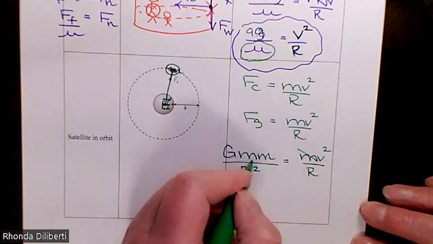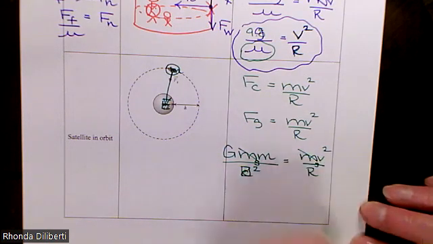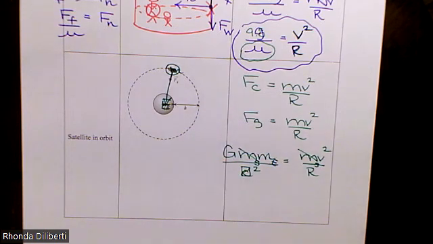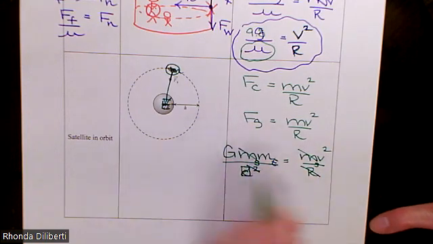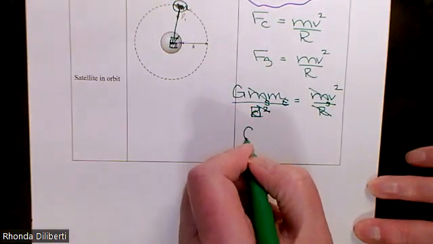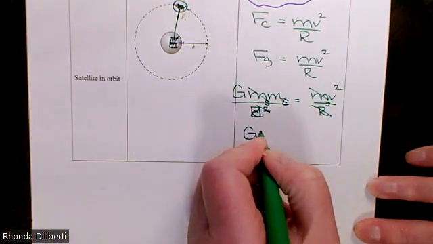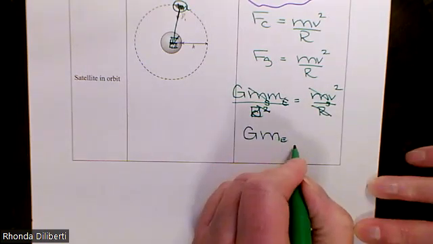So the mass of the satellite and the mass of the satellite, S and S, would cancel. This becomes the mass of the Earth that stays there. And one of these r's can cancel with the squared. And what I have left is the universal gravitational constant, the mass of the Earth in this example.